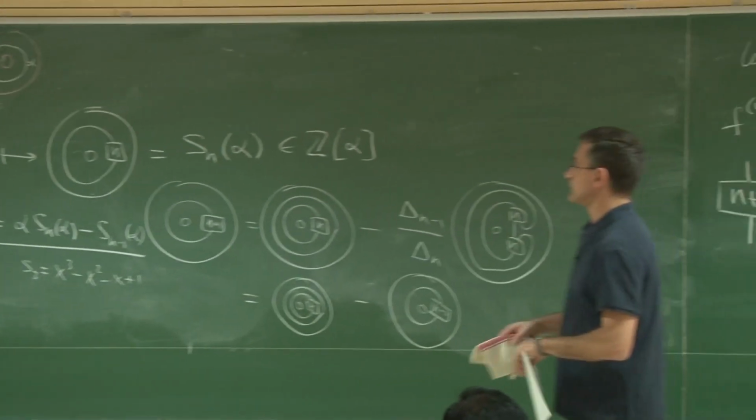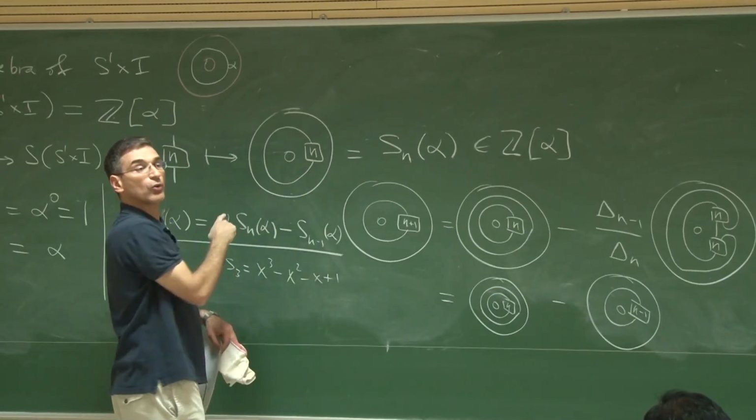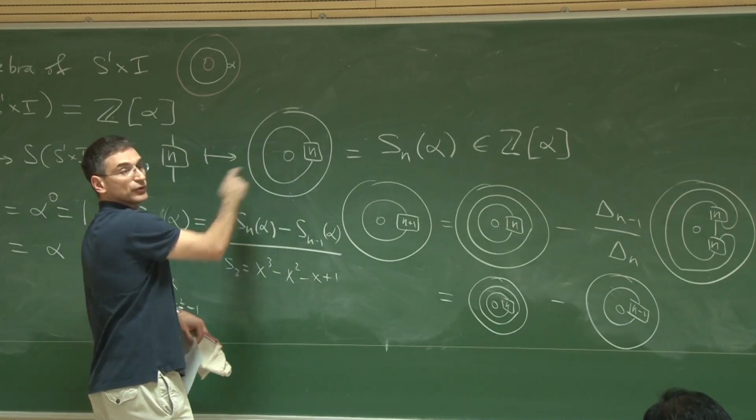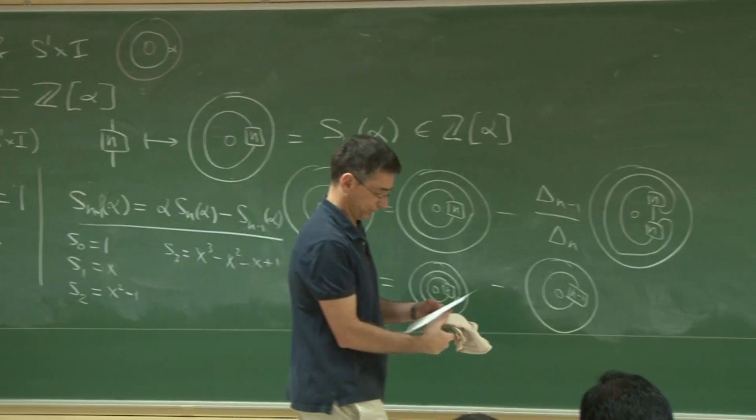As a consequence, we can figure out exactly this value. The whole point is to figure out this value, and we can now figure it out. And here is the value.